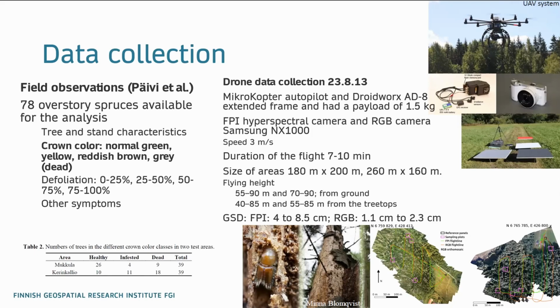So there were different visual inspections, like is it looking green, yellow, or is it turning brown, or is it already dead. There were also other symptoms collected, but in this work we used these.